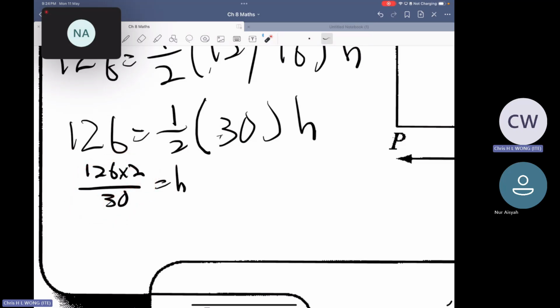Use a calculator to help you when the number is big. The answer, please. 126 times 2 divided by 30. Someone?